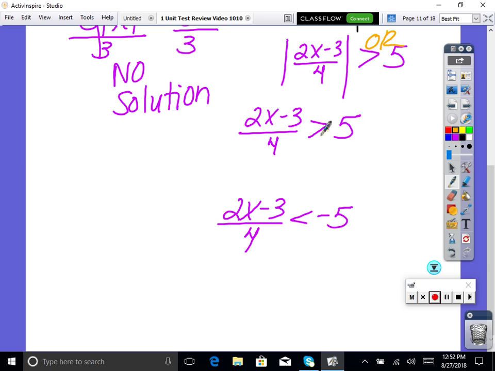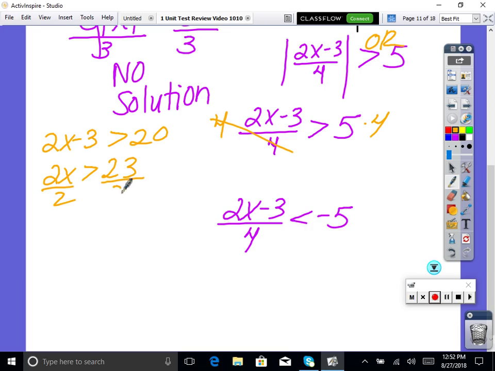So I'm going to times by 4 so that it divides out. So we would have 2x minus 3 is greater than 20. So add 3. 2x is greater than, when you add 3, you get 23. Making sure I didn't make any errors, but looking good. Divide by 2.